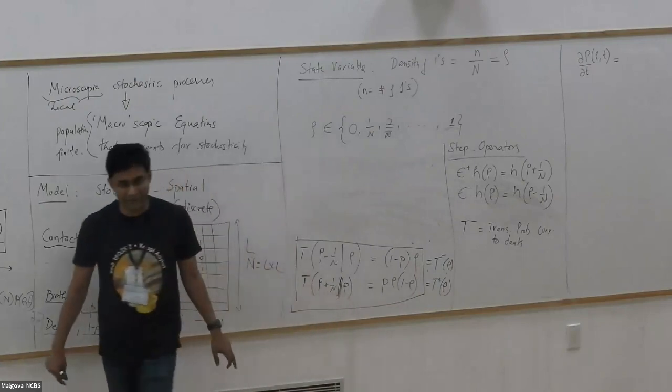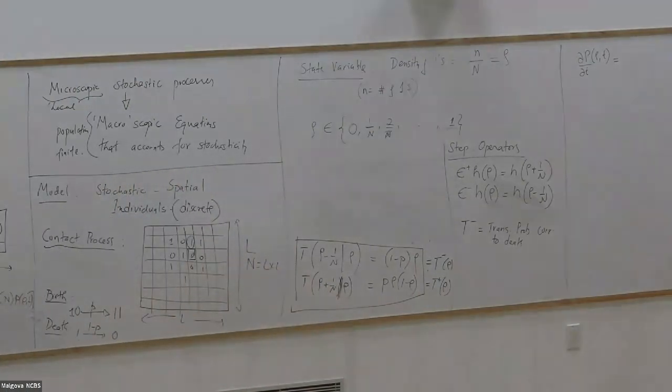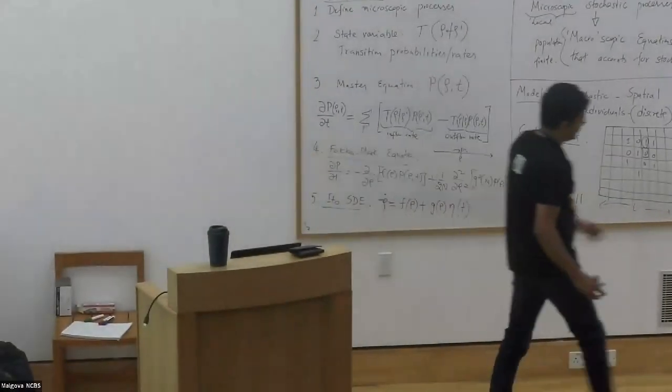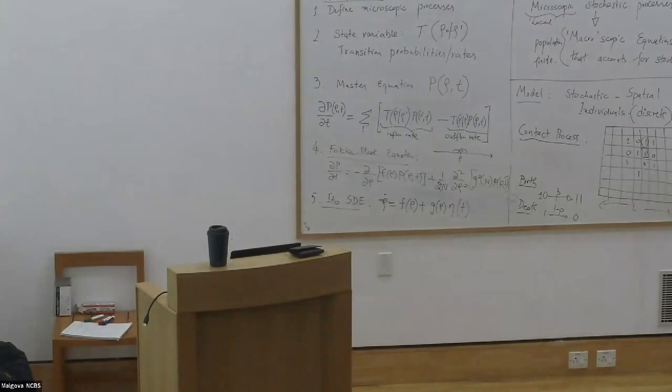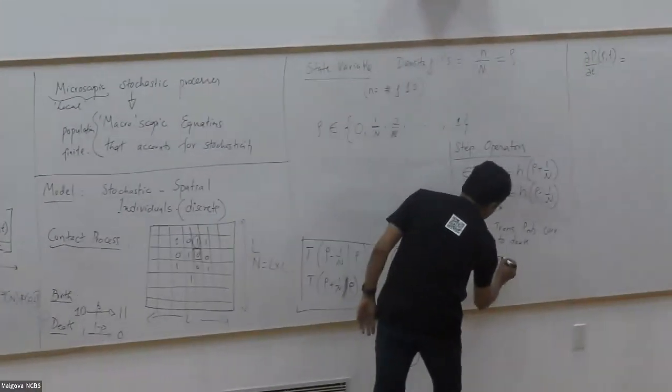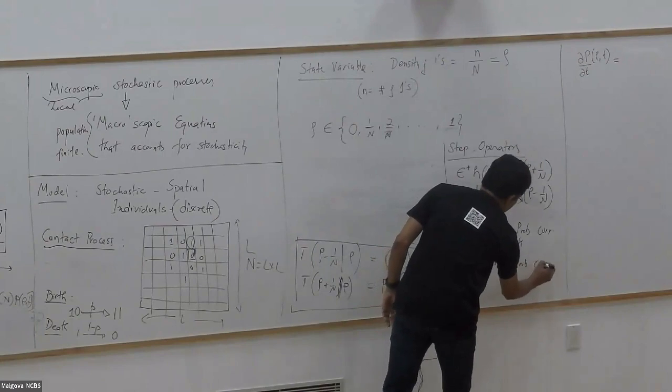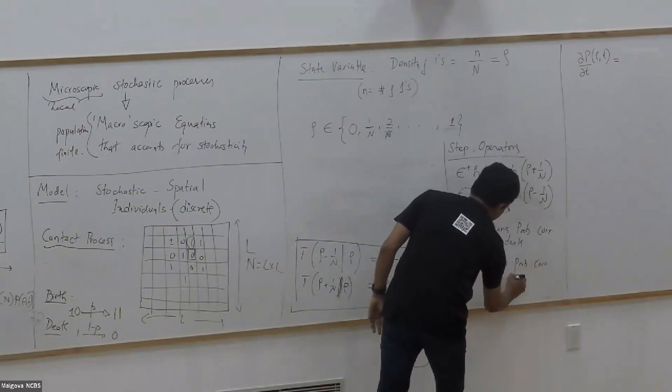Rho has incremented by 1. Okay, T plus of rho. So with these definitions, I have now defined two operators and have also given a slightly different notation, corresponding to birth.